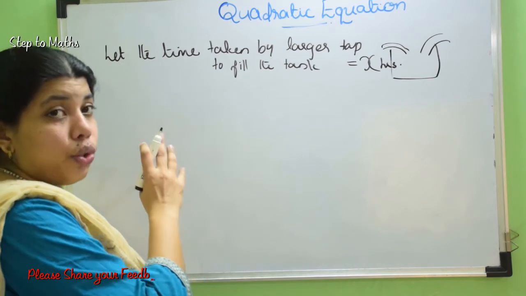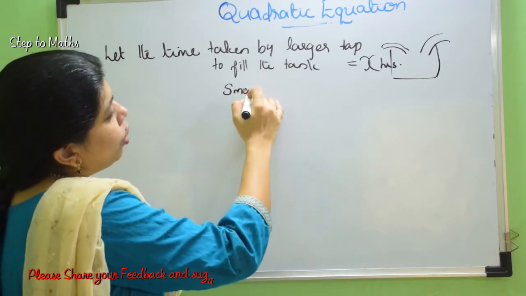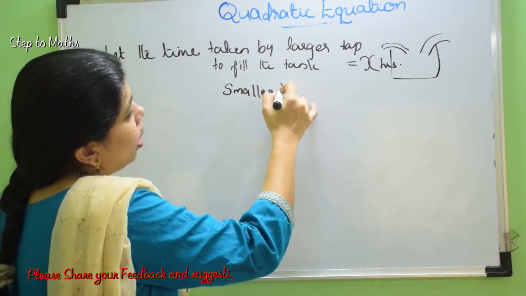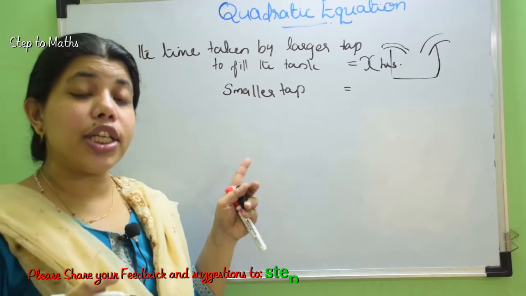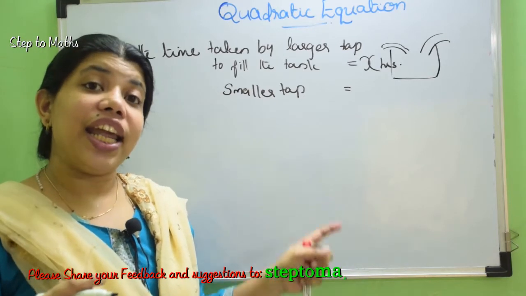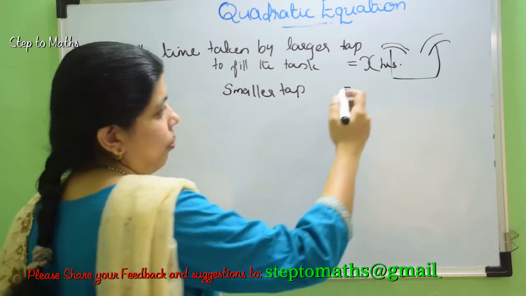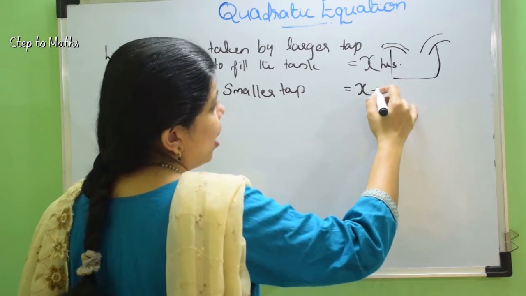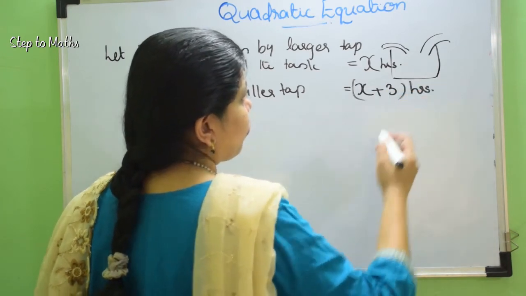According to the question, the time taken by the smaller tap to fill the tank is 3 hours more than the time taken by the larger one. So it becomes x plus 3 hours.